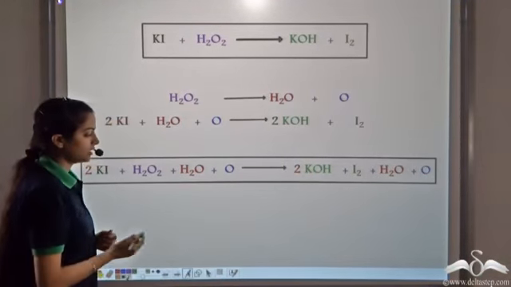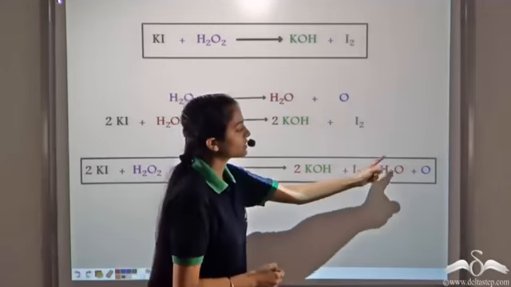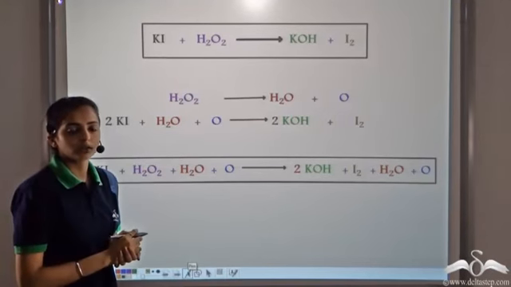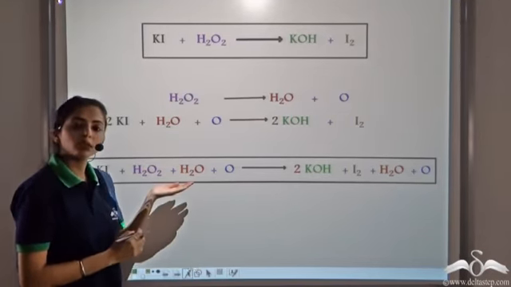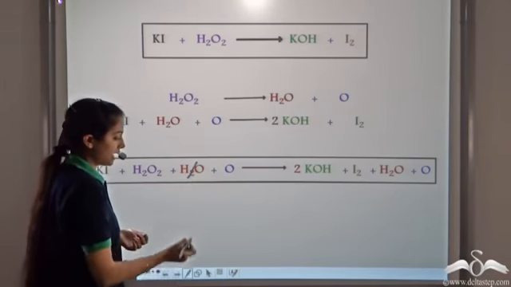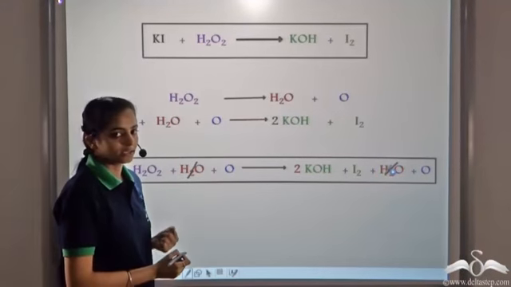Now, if you see, 1 molecule of water on the reactant side gives 1 molecule of water on the product side. This means there is no change in water. In effect, this means that water is not participating in the final equation. So, we can cancel H2O from both the sides.